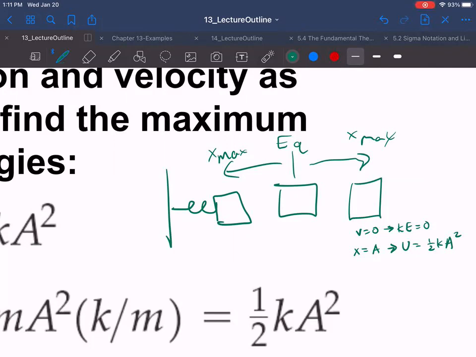So it speeds up the whole way toward equilibrium, and then the force immediately reverses as soon as it passes it. So it speeds up, slows down, stops. Speeds up, slows down, stops. And that's what it does going back and forth.